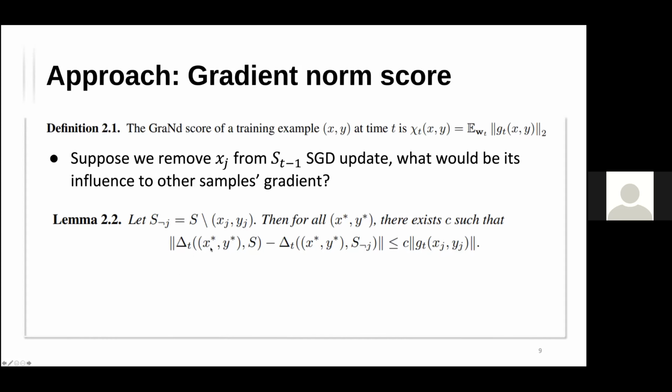For all points x star and y star, the gradient of the final score with respect to time t is this, and then the influence of removing xj should be this gradient minus the second gradient when we remove j.